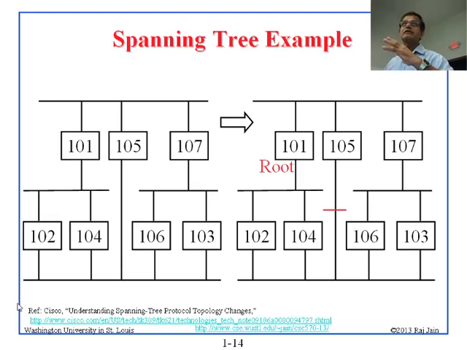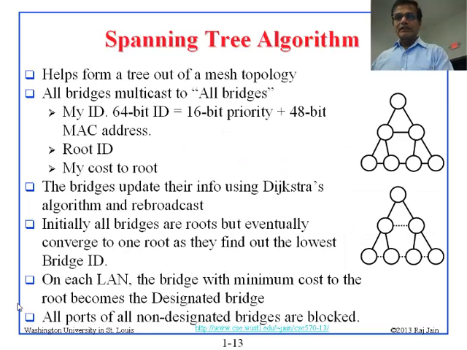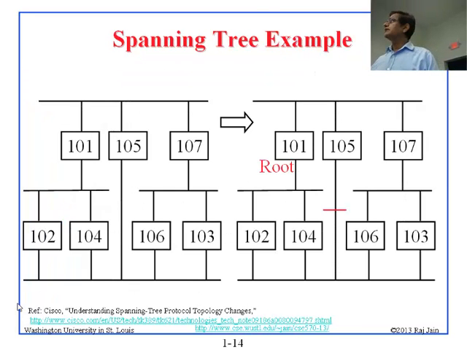So that is the designated bridge concept: there could be many bridges on the same Ethernet, and if there are many, the one closest to the root will become the designated bridge. In the previous picture there was not such a case because every link was point to point, so we did not show the multi-point links. It becomes clearer here.